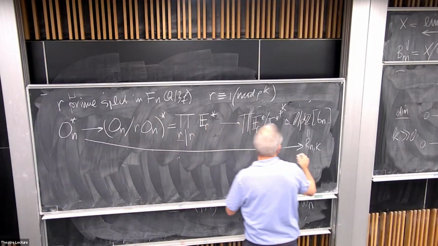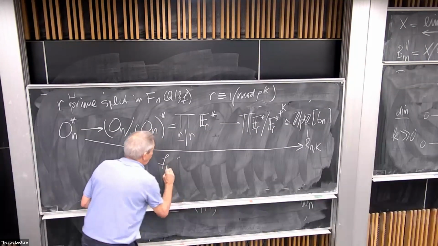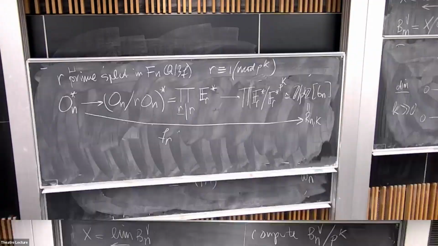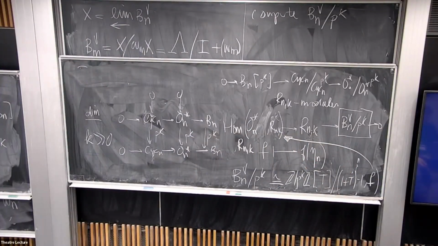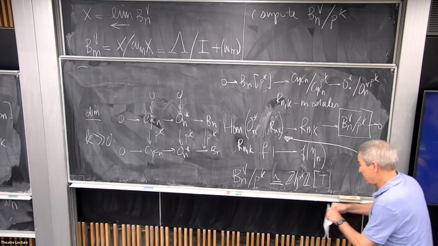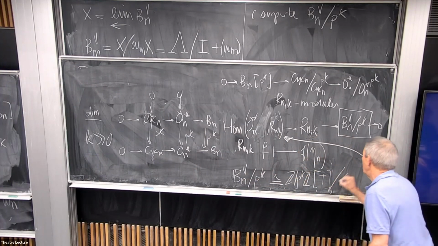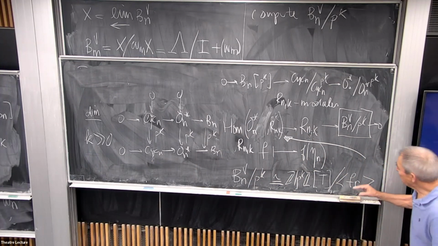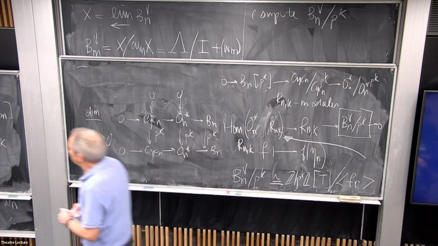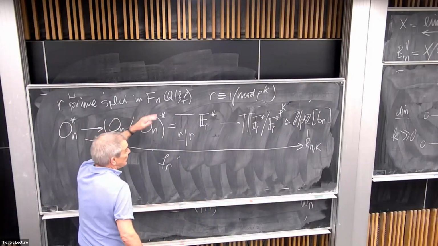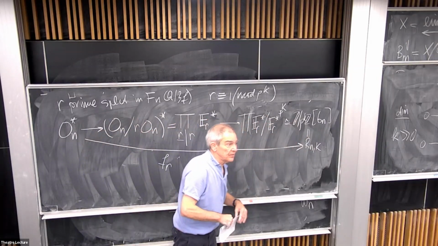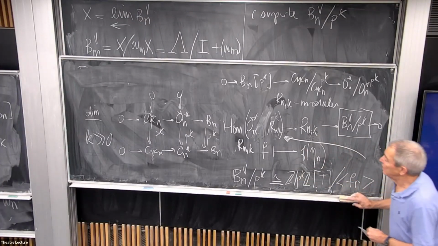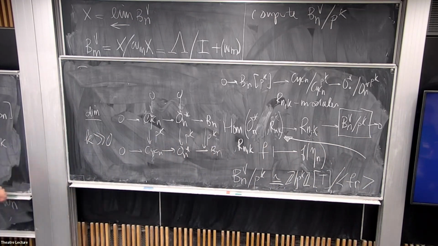I call this element Fr, the Frobenius for that prime R. So what we actually have is that this module is isomorphic to this modulo the ideal generated by the F to the R. And this is all very explicit because you can put this on a computer. It is computations with polynomials, and you have an ideal generated by polynomials with coefficients in a finite ring. So that's what we do.